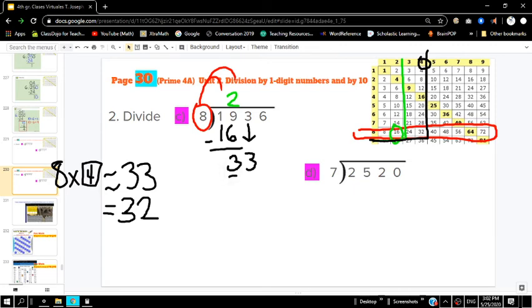So we're going to subtract 33 minus 32, which gives us 1.